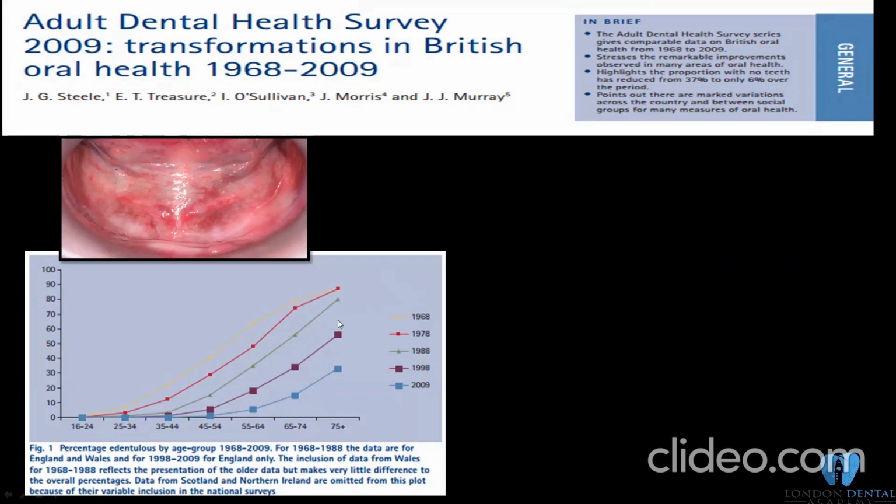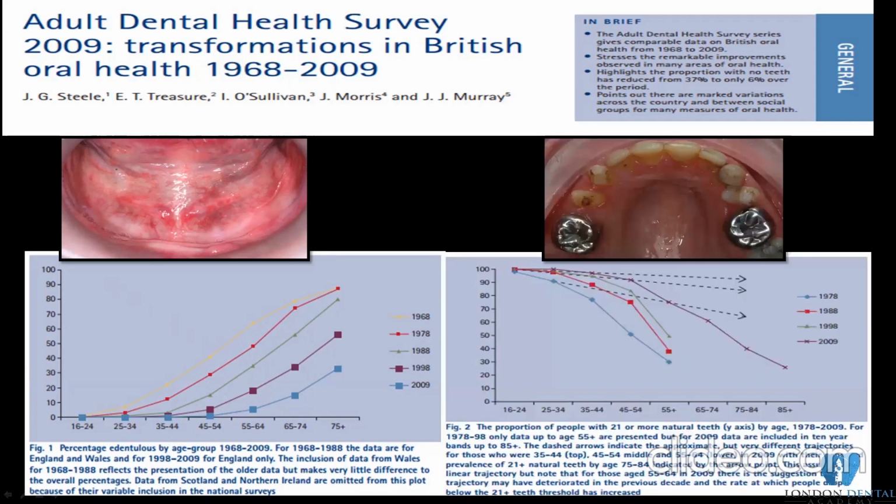I will not look at the middle, but I'll look at the blue and the yellow line graph. In the age group between 65 and 74, we used to have almost 60 to 70% of the population fully edentulous 50 years ago. But looking at the figures 10 years ago, less than 30%. And I'd say the exact figure nowadays is less than 10% in 2020.